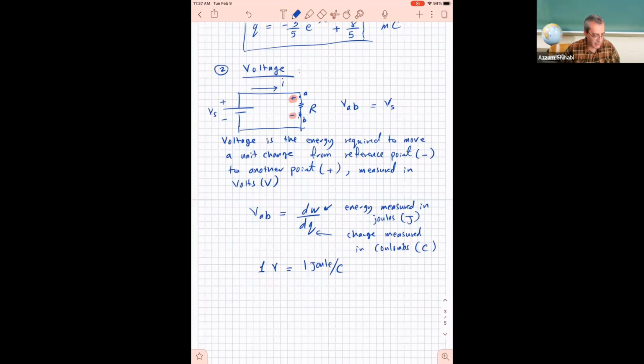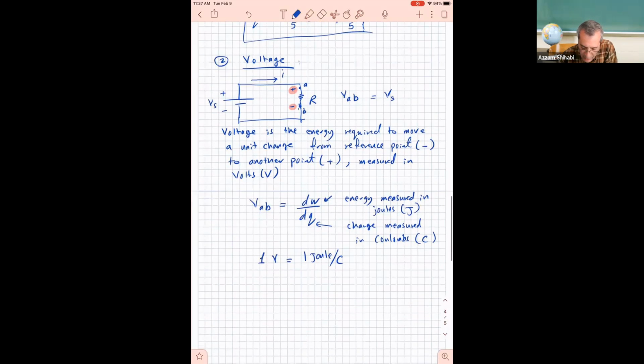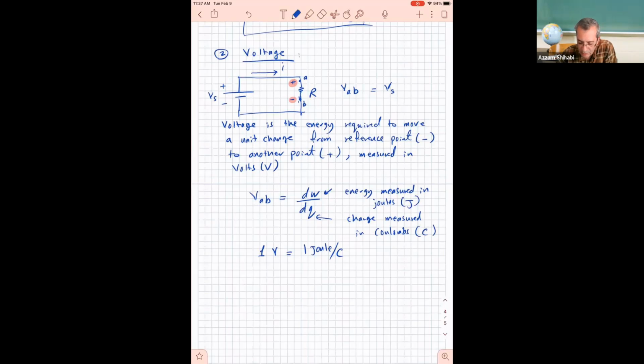The next thing I have is the definition of power. Each circuit element in any electric circuit is going to either produce energy or absorb energy.